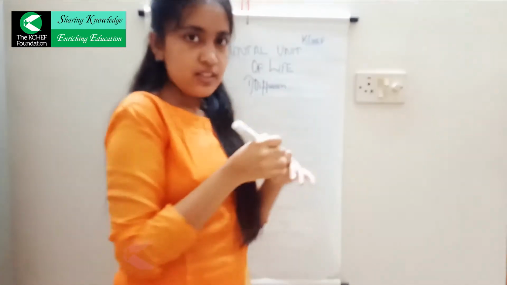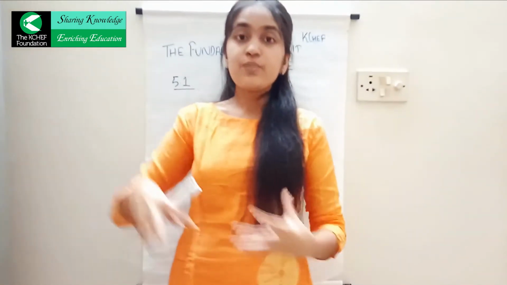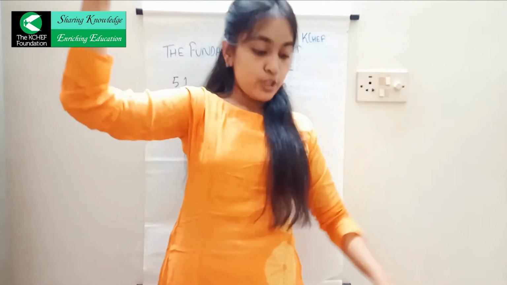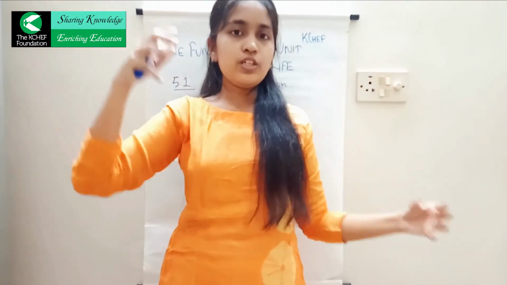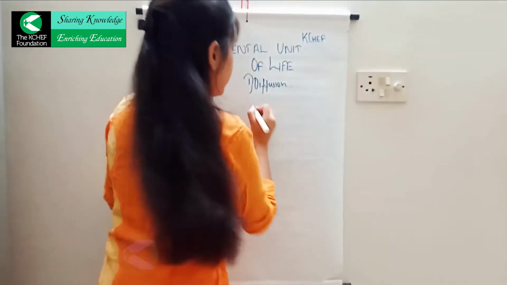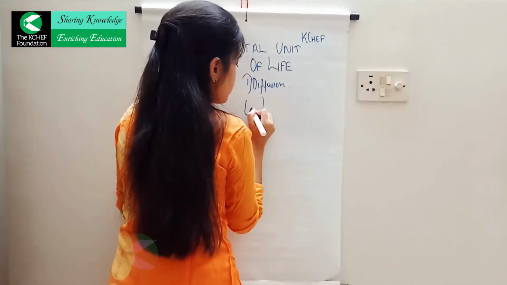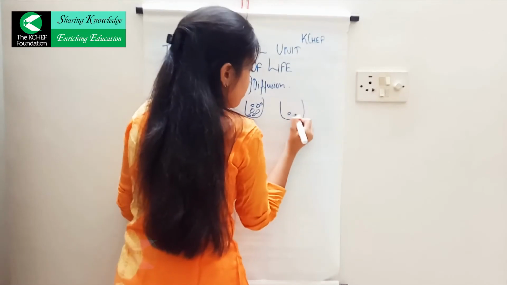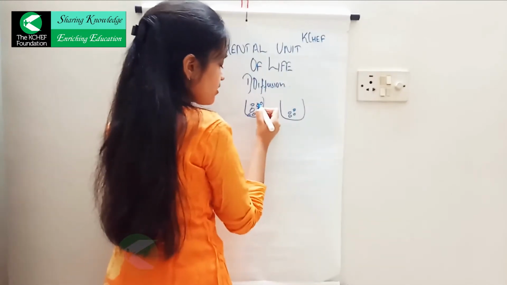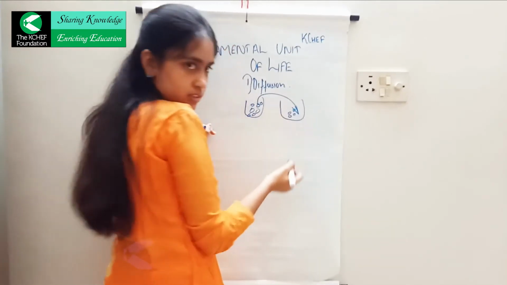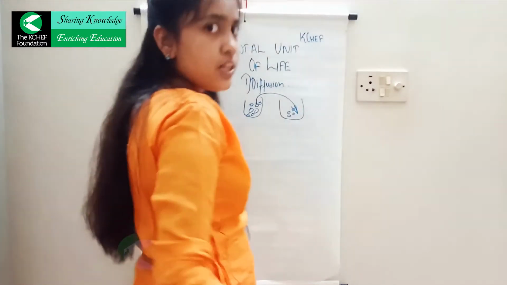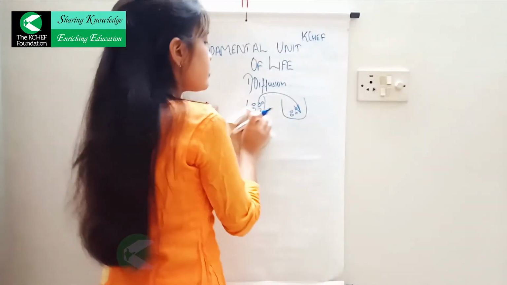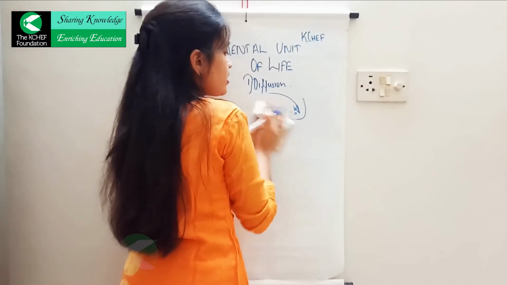Diffusion is the movement of substances from a higher concentration region to a lower concentration region without the use of energy. For example, if I have something here in higher concentration and here in low concentration, then substances will move from here to here, from higher concentration to lower concentration without the use of energy. Such movement is called diffusion.